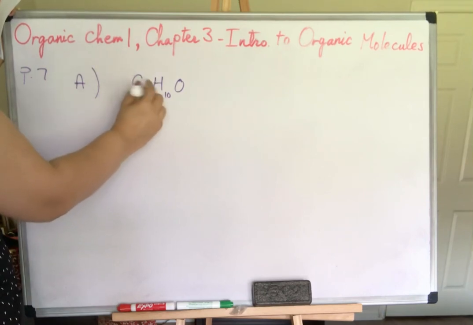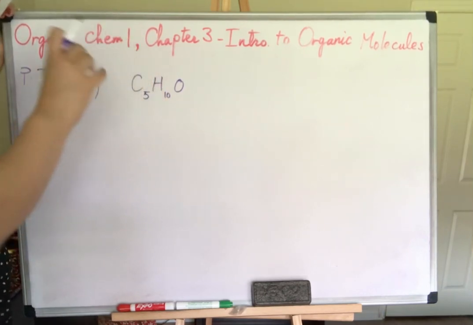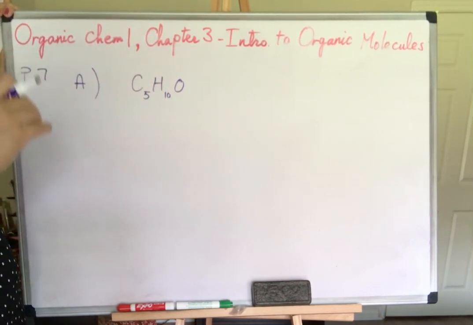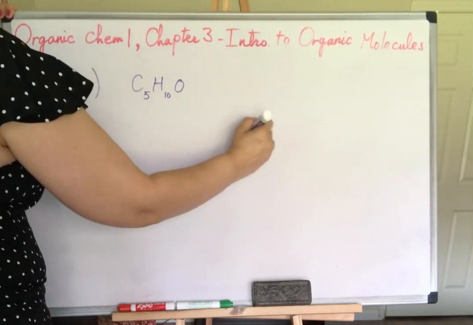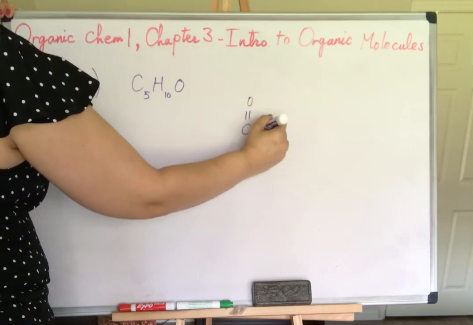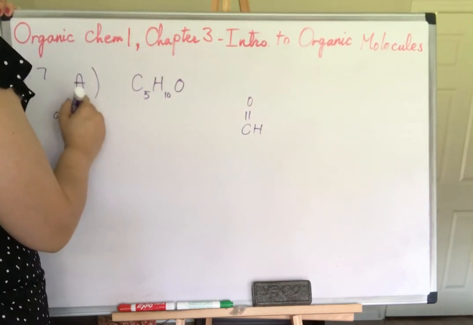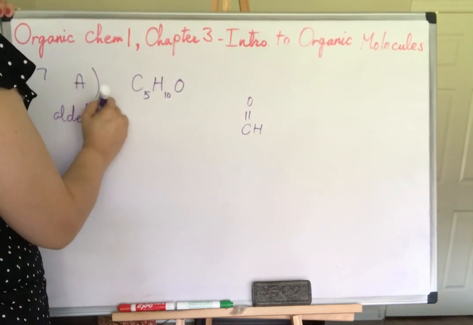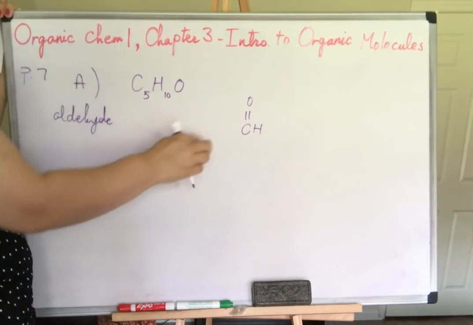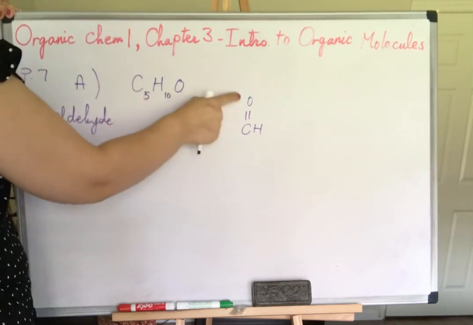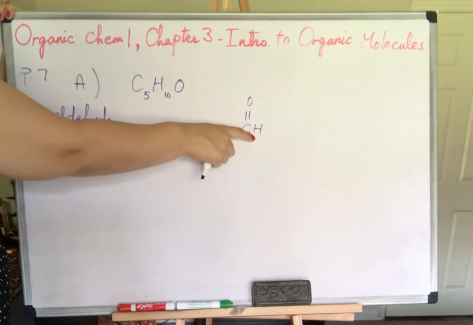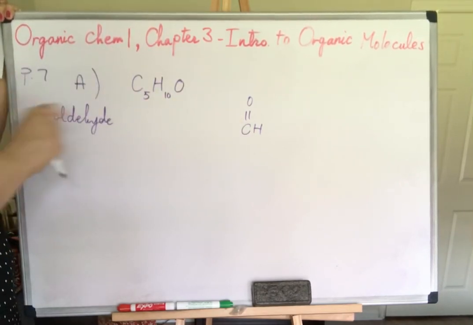I hope at this point you have a little bit more knowledge about functional groups. When we say an aldehyde, it means that our functional group is this. Out of 5 carbons, one of them is spent in the functional group. Oxygen is spent here, and out of 10 hydrogens, one is spent there.